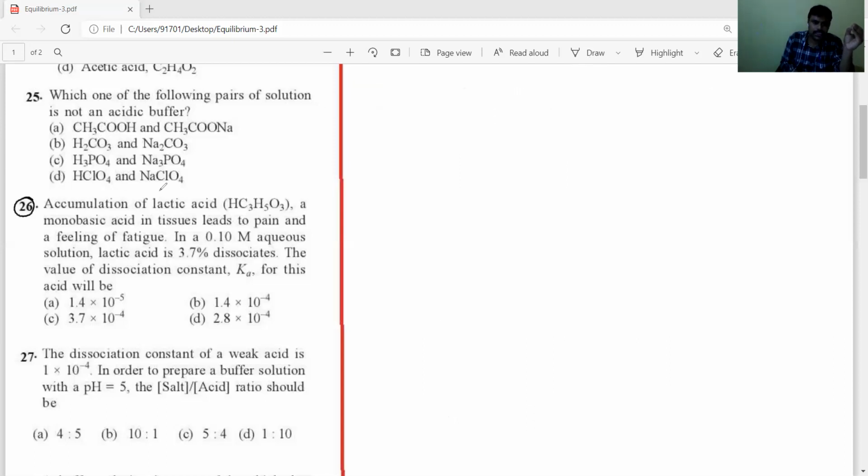The 26th question, dear students: lactic acid concentration. Lactic acid is a weak acid, dear students. It is an organic acid, a weak acid. How much concentration did they give in that question? They gave 0.10 molar. And how much is this lactic acid ionized? 3.7 percent is dissociated. So alpha is nothing but the degree of dissociation or ionization.